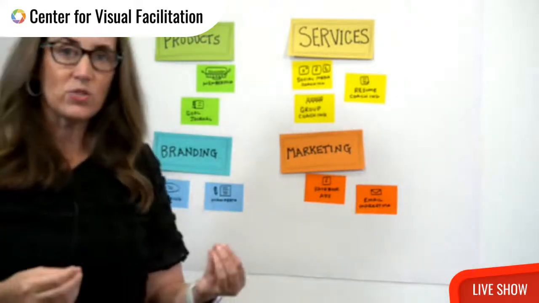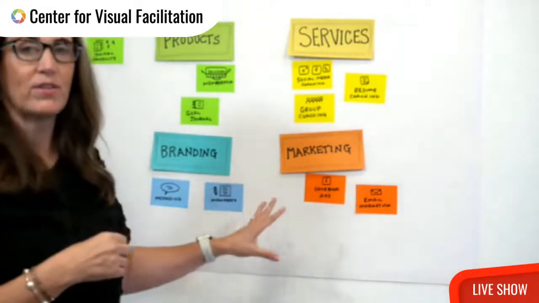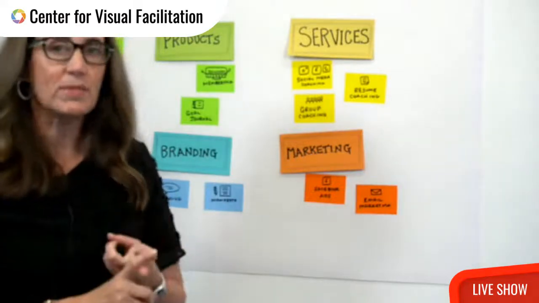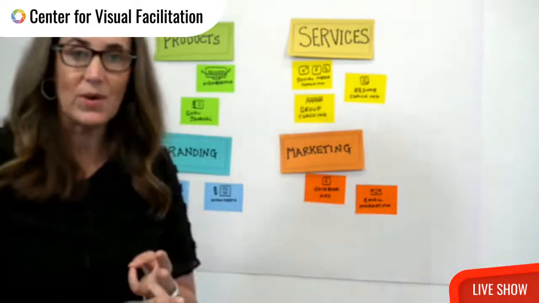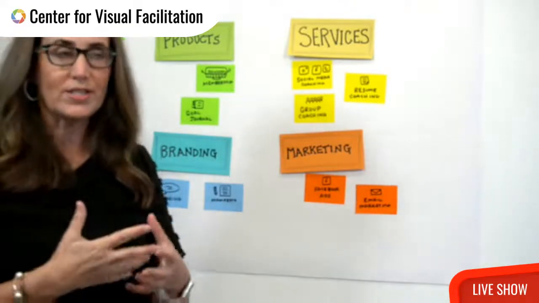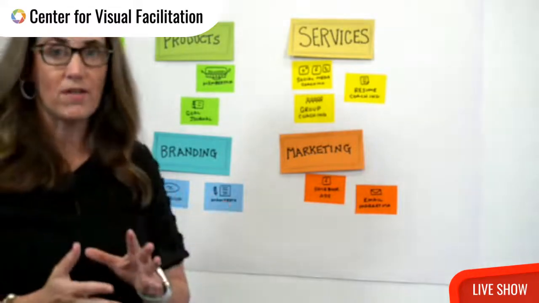And brainstorm with your client and your team the categories together. Once we see this, then it's easy to see what's missing, what needs to be added, what might need to be taken away. And that's where you use those great coaching questions to find out what you want to facilitate and how you want to move the conversation.